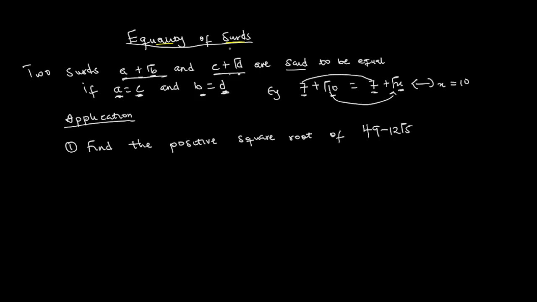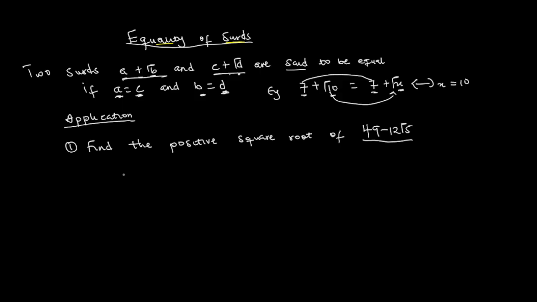Now, what are some of the applications of understanding equality of two surds? There's an example. It says we have to find the positive square root of 49 minus 12 divided. Before we proceed with this question, I would like us to revise something we learned in the previous video, where we looked at the conjugate of a surd.